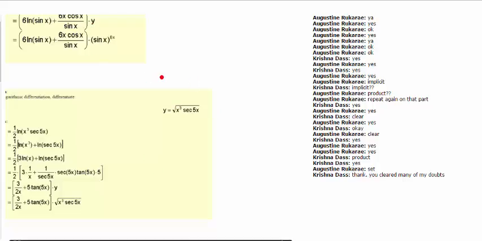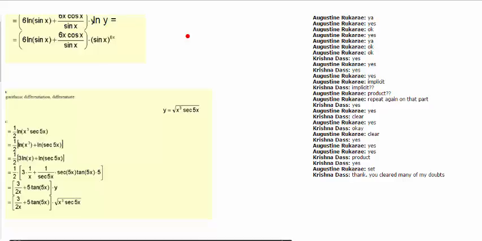Now what is the first step? You have to apply ln both sides, right? You have to remember all these. Break it down into parts. It will be very easy to follow, and you will never end up making a mistake. So the first step is you apply ln both sides.